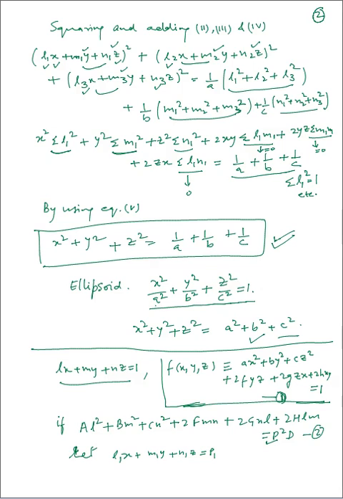Similarly, we can write it in generalized form, that is LRx plus MRy plus NRz is equal to PR, equation 3. Here R takes values 1, 2, 3, because 3 mutually perpendicular tangent planes are there, so we will write this. Hence P, which we have obtained from equation 2, can be written in terms of PR.